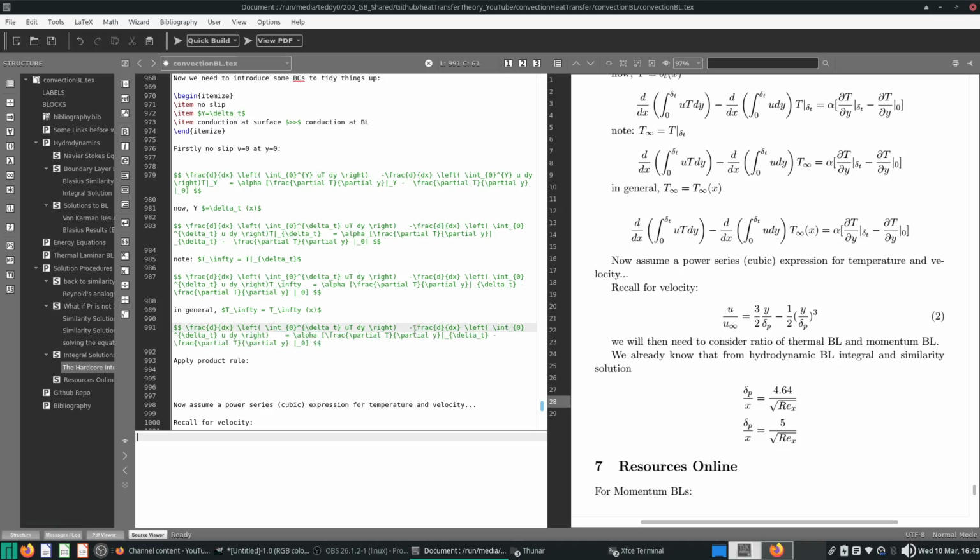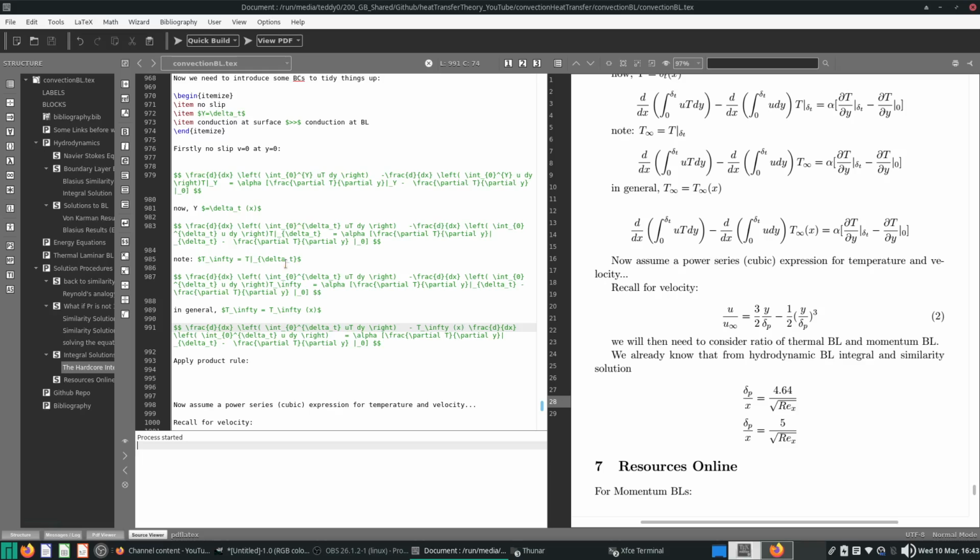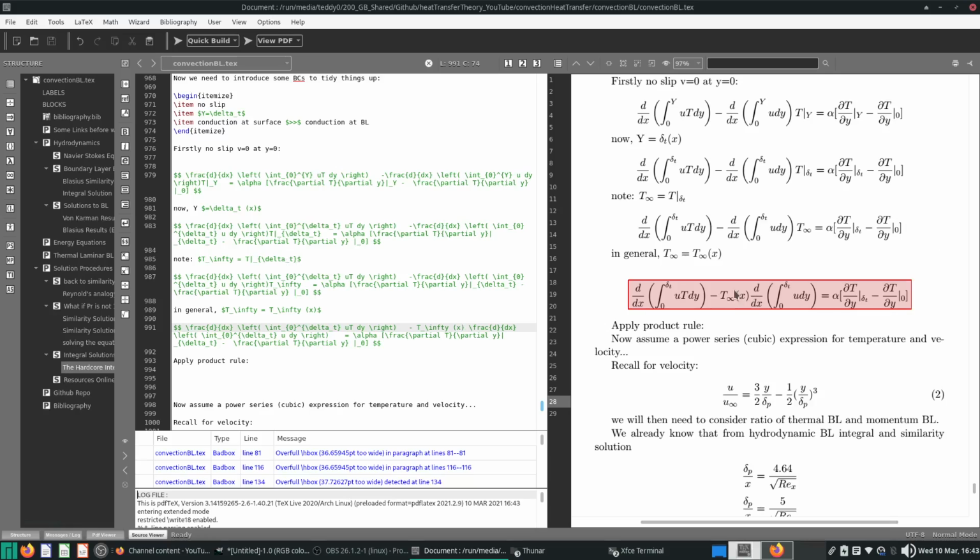So I'm going to cut and paste it in front of the fraction. Okay, so we apply the product rule to replace this term out.